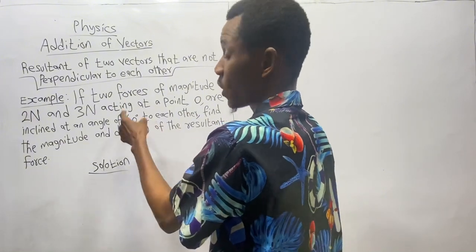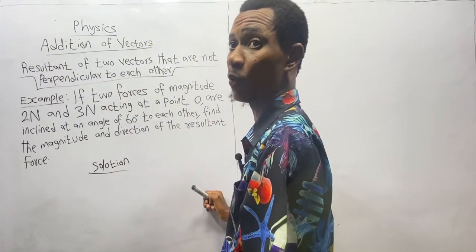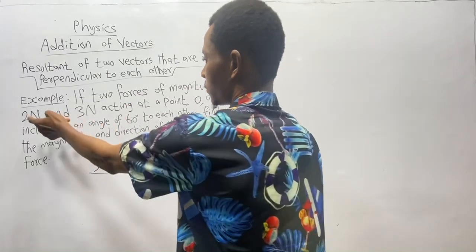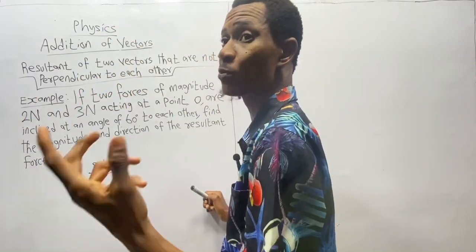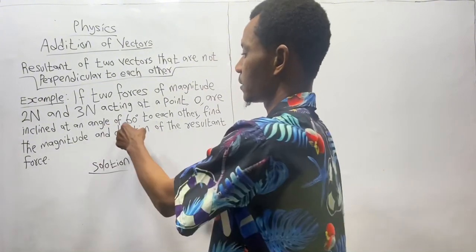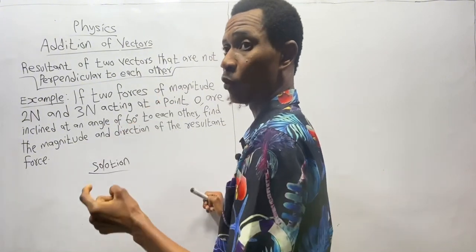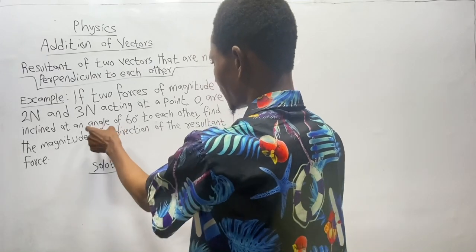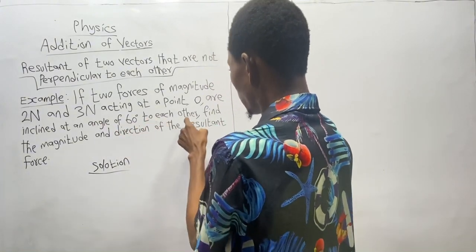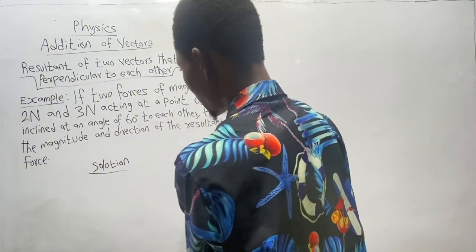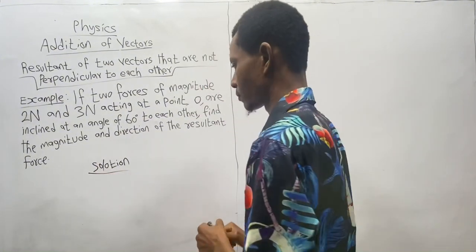This 60 degrees, you agree with me, is lesser than 90. So with this 60 degrees, it means that these two forces, 2 Newton and 3 Newton, are not perpendicular. Because if they were perpendicular, this 60 wouldn't have been 60, but it would have been 90 degrees. So at an angle of 60 degrees to each other, find the magnitude and direction of the resultant force.